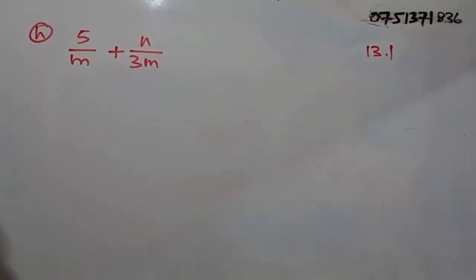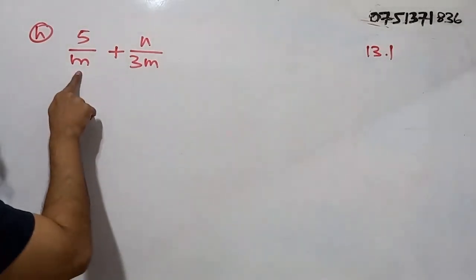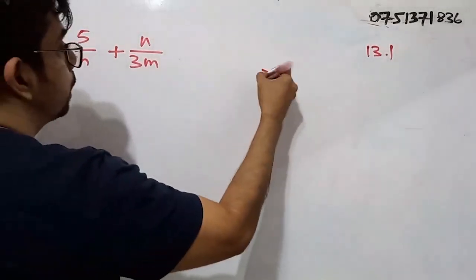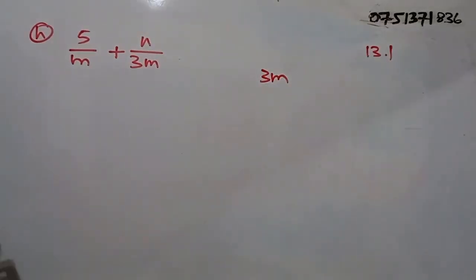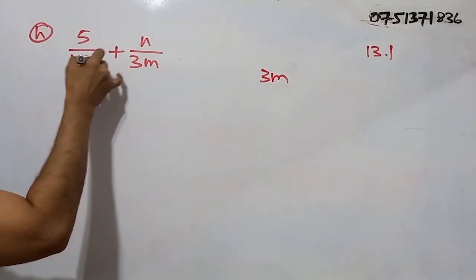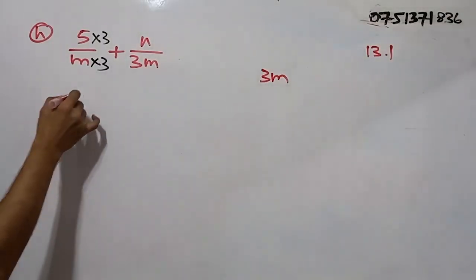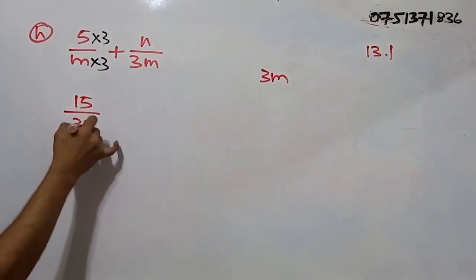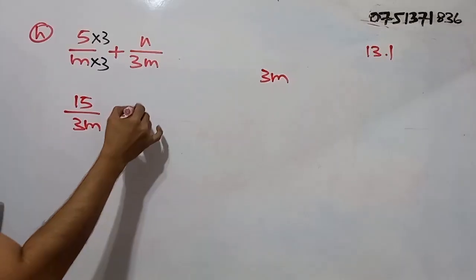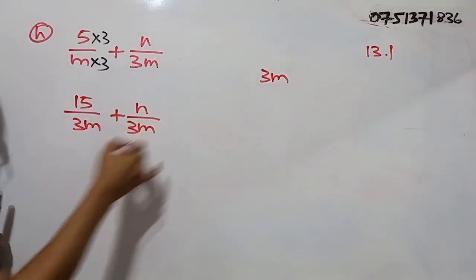Okay, next question. What will be the least common denominator? We have m and 3m, so the least common denominator should be 3m. That means we need to multiply this m by 3 and the numerator by 3 as well. So what will be the outcome? 15 by 3m plus n by 3m.